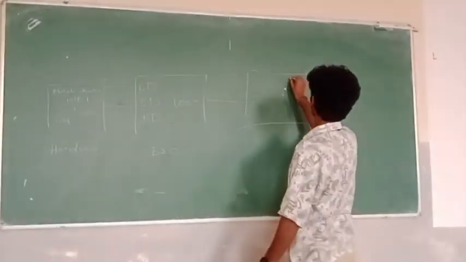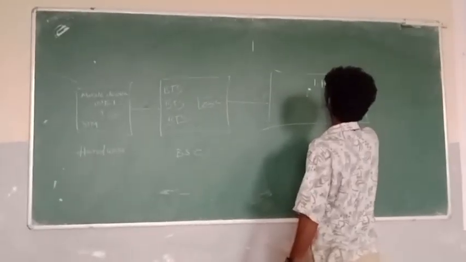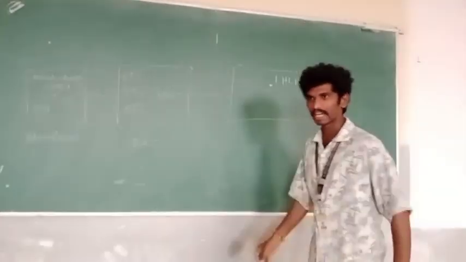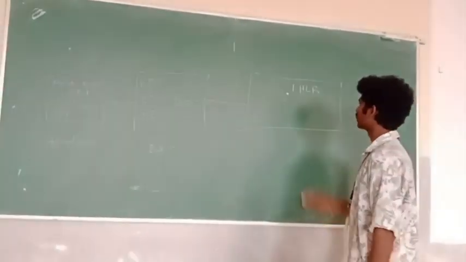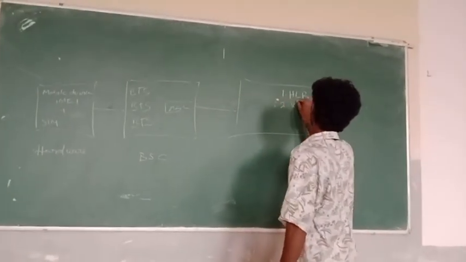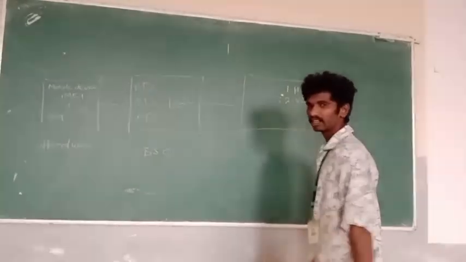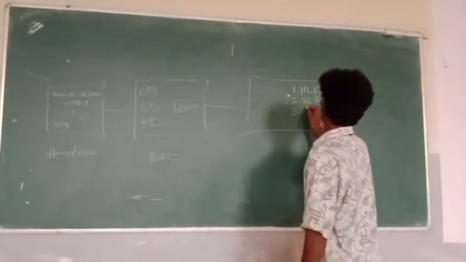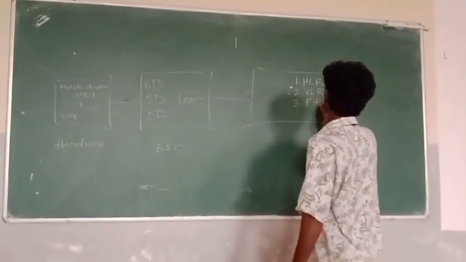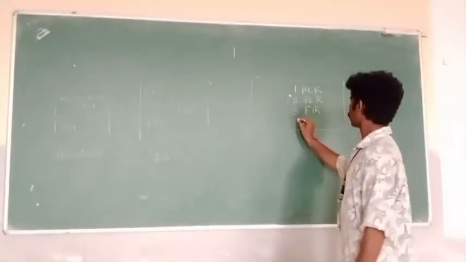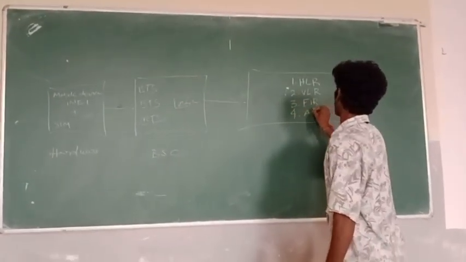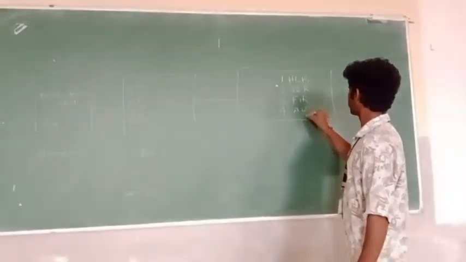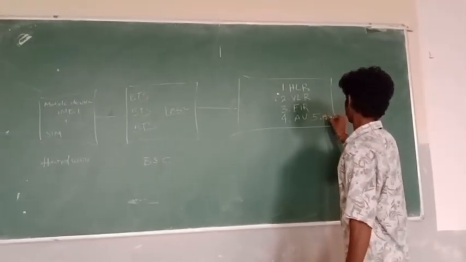The first one is HLR, which stands for Home Location Register, the second is VLR, which stands for Visitor Location Register, the third is EIR, Equipment Identity Register, the fourth is AU, Authentication, and the fifth is MSTN.